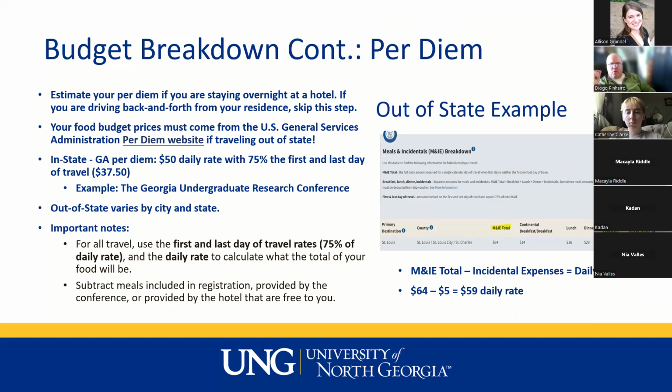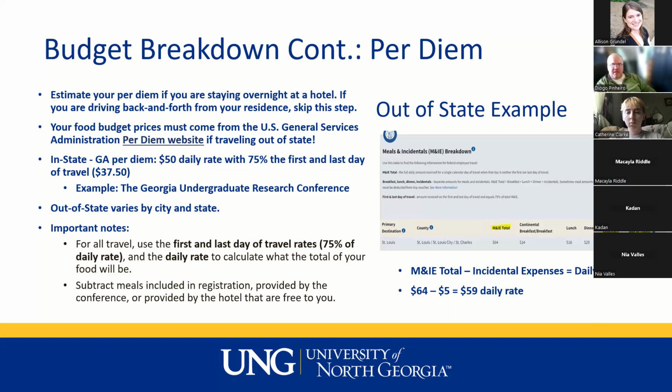So the way that you're going to find your per diem rate, you go to the U.S. General Services Administration and you find the location where you're going to be, and then there's going to be your meal and incidentals total here. That's going to be your per diem rate, right?